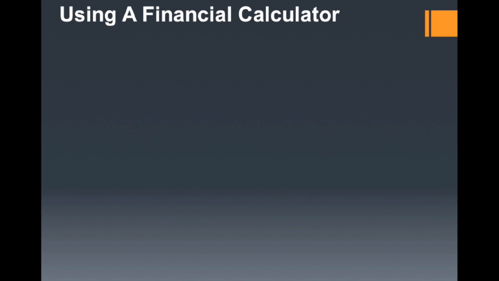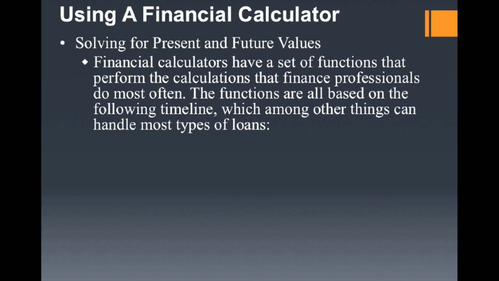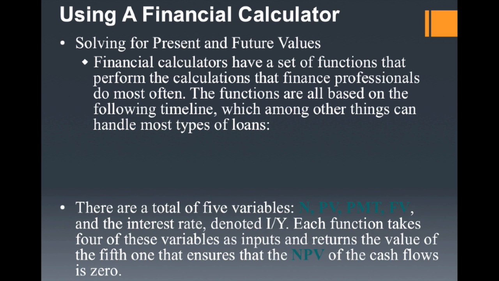So let's talk first about using a financial calculator. We're going to be using financial calculators throughout the course as well as spreadsheets. When you solve for the present and future value, there are 5 variables when working these problems.